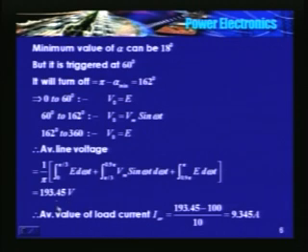So the average value is the integral from 0 to pi by 3 of E d omega t, plus from pi by 3 to 0.9 pi of Vm sin omega t, plus from 0.9 pi to pi of E, which is found to be 193.45 volts. Please do not get bogged down with this value.